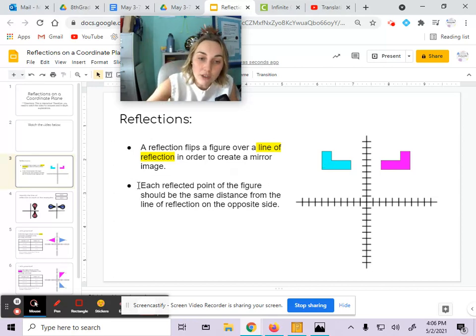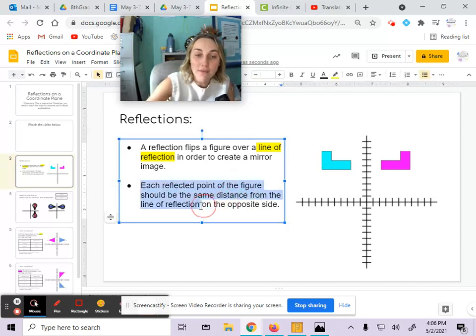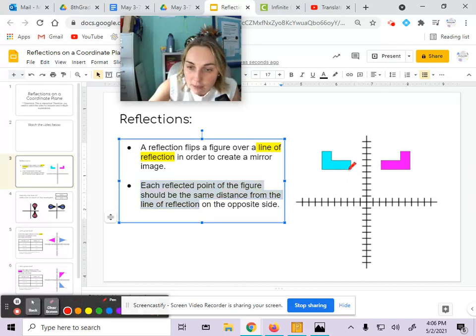Each point on the figure should be the same distance away from the line of reflection on the opposite side. For example, as you can see, if we use this point and then its sister point over here, they should be the same distance from the line of reflection. So this is our line of reflection, and let's see if they're the same distance.